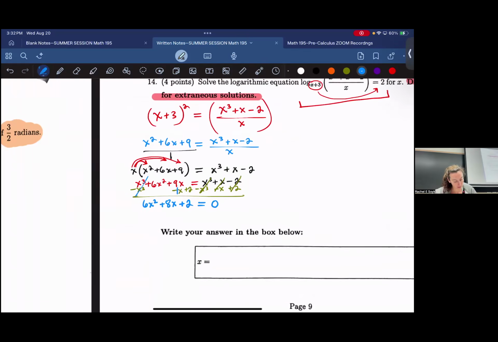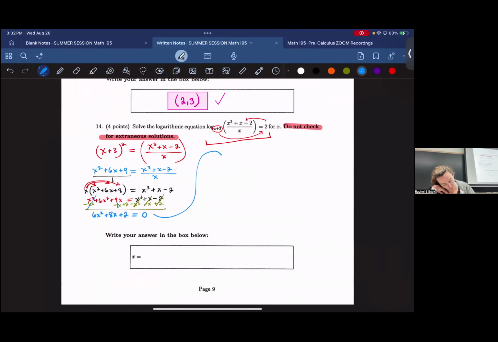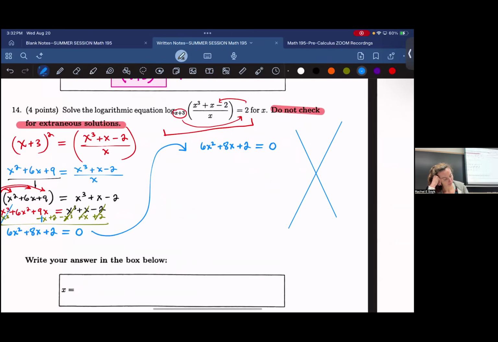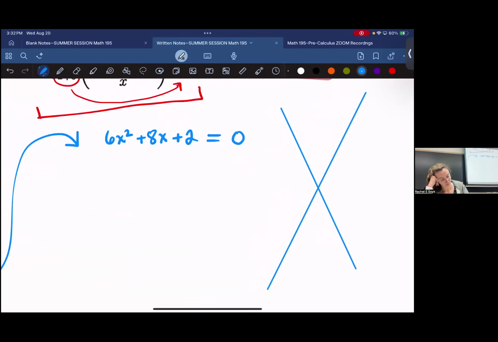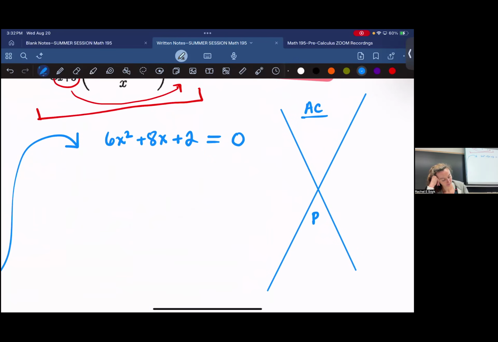Now we can utilize our AC method to factor. What are factor pairs of 12 that add to 8? 6 and 2.